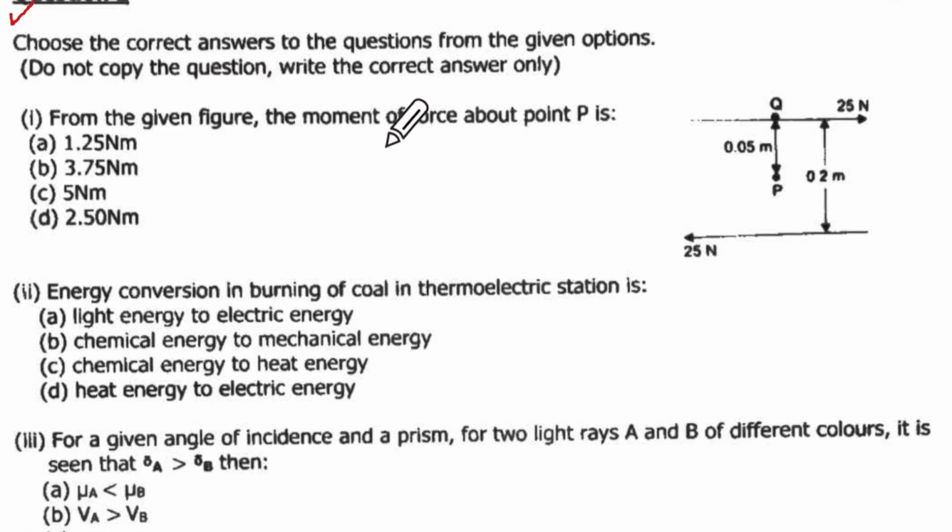From the given figure, the moment of force about point P is, now where is point P? Here. Can you see this is point P here? What do you see here? Equal and opposite parallel forces, do you see?